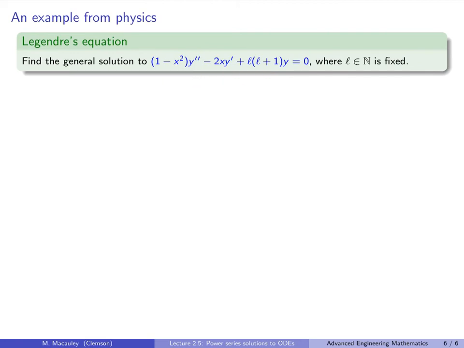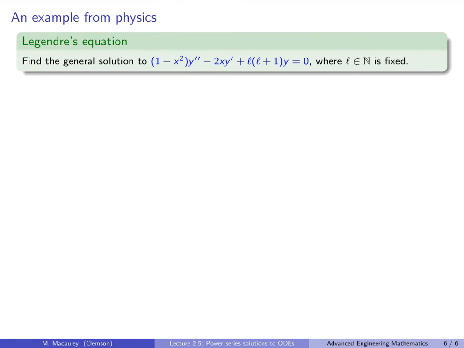So this comes up when you want to model something like the gravitational potential of a point mass or the Coulomb potential of a point charge, or it also comes up when you're solving Schrodinger's equation in spherical coordinates in quantum physics. So more on this later. We're actually going to use the solution that we get now in later lectures.